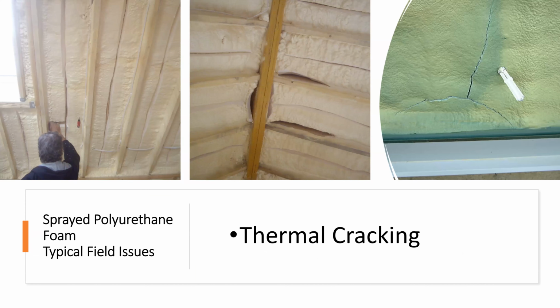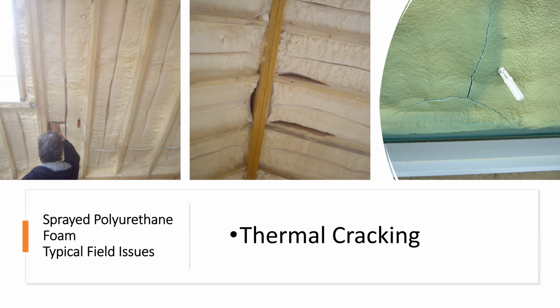The other thing we'll see is thermal cracking. Thermal cracking happens when it's sprayed too thick or too quickly. Because these spray foams are good insulators, they're sprayed on hot, and because they insulate well, it takes time for that heat to dissipate. So most manufacturers have a restriction that says only spray at 2 inches or 3 inches or whatever.